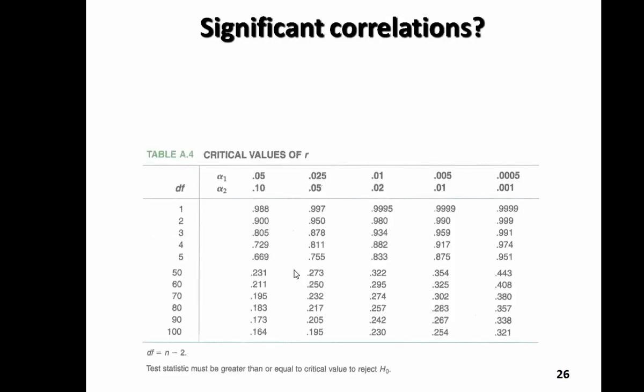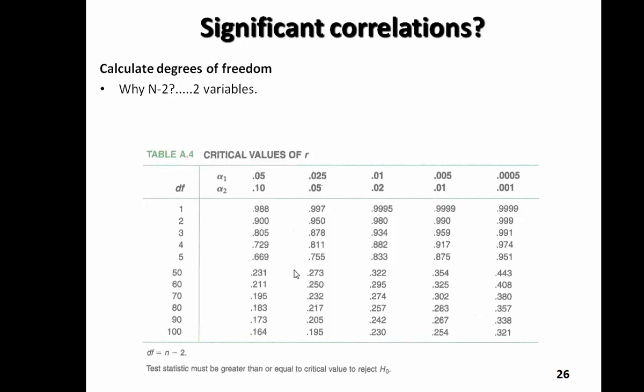And to determine if the relationship is statistically significant, we would need a table of what are called critical values for r, remembering that r was the correlation coefficient. The first step is to calculate what we call the degrees of freedom. And for correlations, the degrees of freedom is n minus 2.